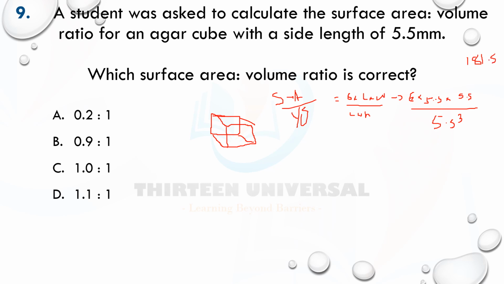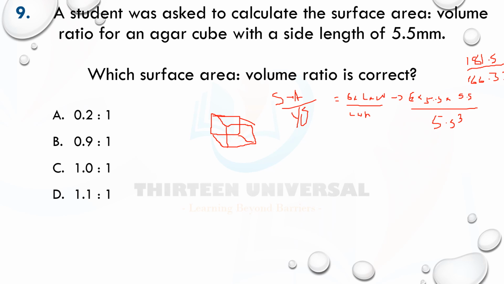So you divide it. If you find 5.5 cubed, it will give you about 166. So get your material, write it down, punch your calculator. 166.375.